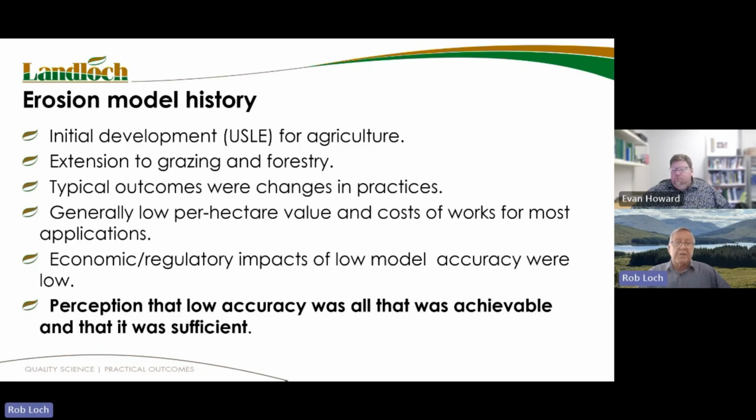When we look at the history of erosion modelling, we can see why essentially we haven't had that same pressure on accuracy of erosion modelling as we see when we look at mine sites. Initial erosion model development was strictly aimed at agriculture, extended to grazing and forestry, but typically erosion modelling was used to look at changing practices, occasionally maybe verifying that farmer Billy Bob Jones was likely to get some sort of a grant from the US government to make him more inclined to do the work.